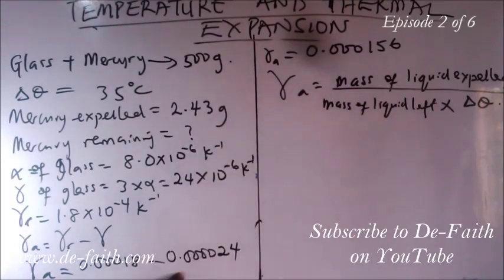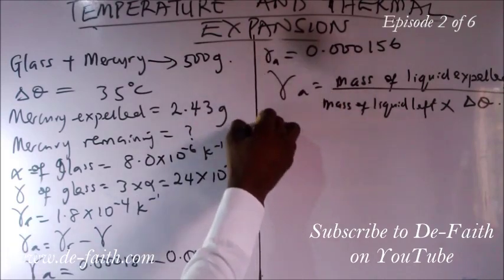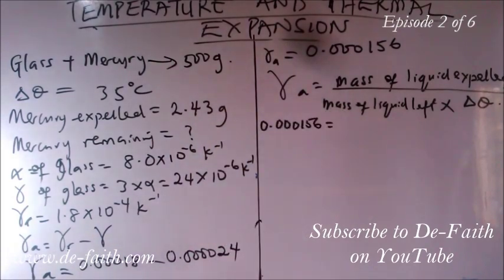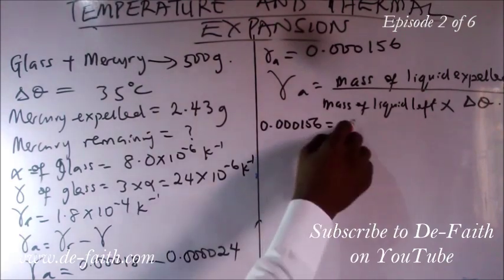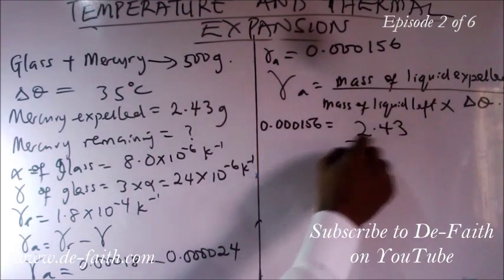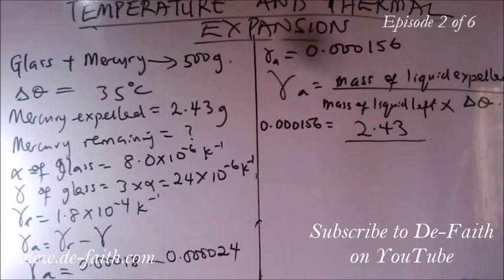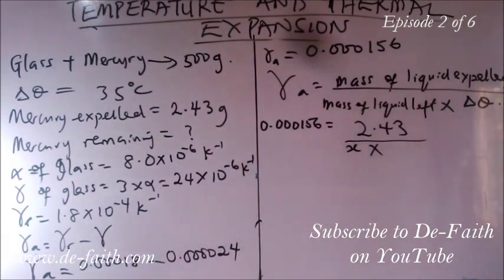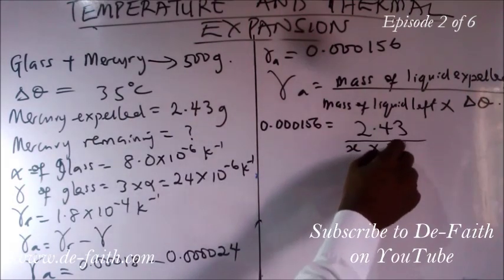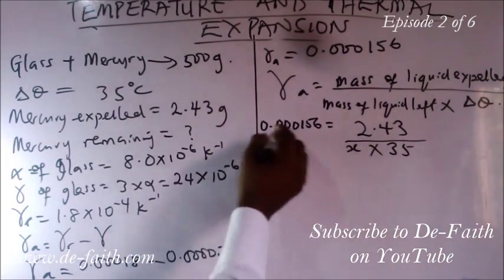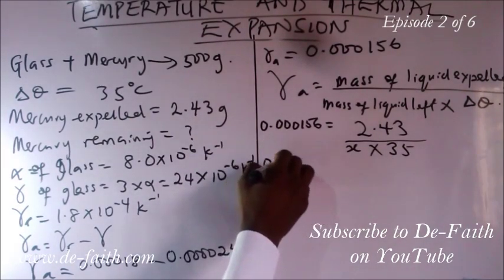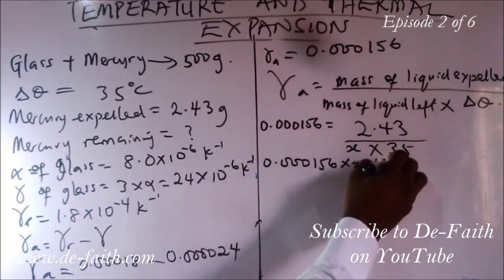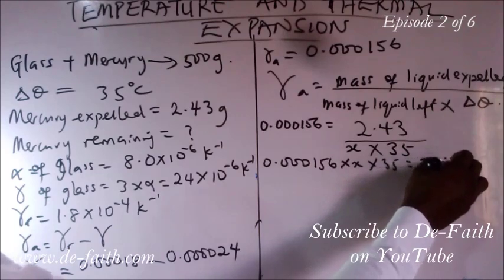The apparent cubic expansivity, which is what we've gotten here, that is 0.000156, is equal to mass of liquid expelled. We're given that to be 2.43, over mass of liquid left. That is what we are looking for, so we represent that with x, times change in temperature, which is 35 degrees. We will have a cross multiplication whereby we have 0.000156 times x times 35 equal to 2.43.